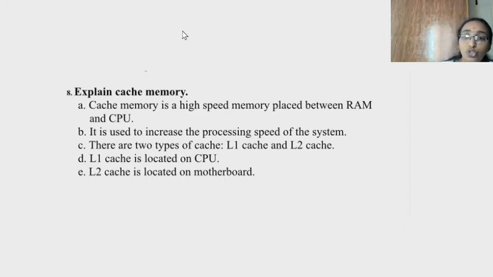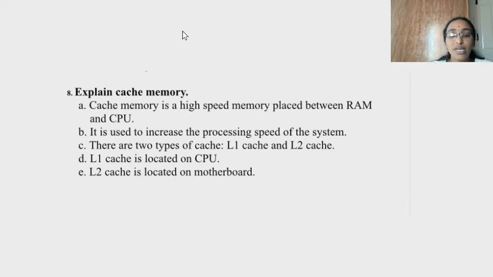It is used to hold the data and programs which are most frequently used by your CPU. Whatever data and programs the CPU uses most frequently will be held in the cache memory.